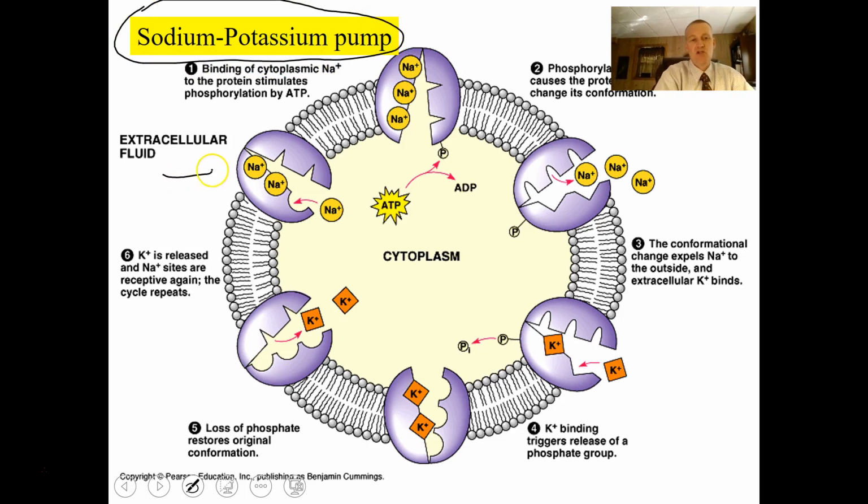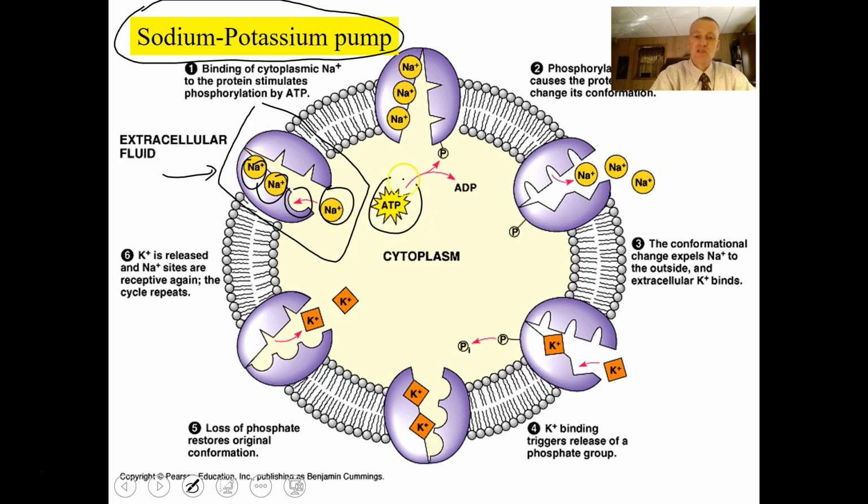And you can see the protein right here. It's a very, very complex protein. So we can start anywhere in the cycle. Let's start here. In this cycle of primary active transport, you can see the protein opens up, and in the interior it picks up 3 sodium ions. So they sit in these little spaces right here, 1, 2, 3.